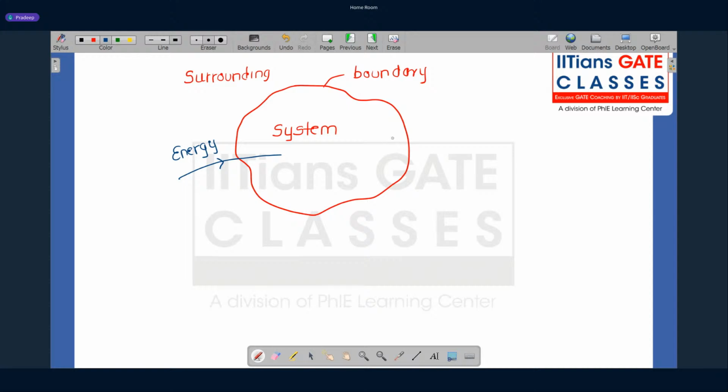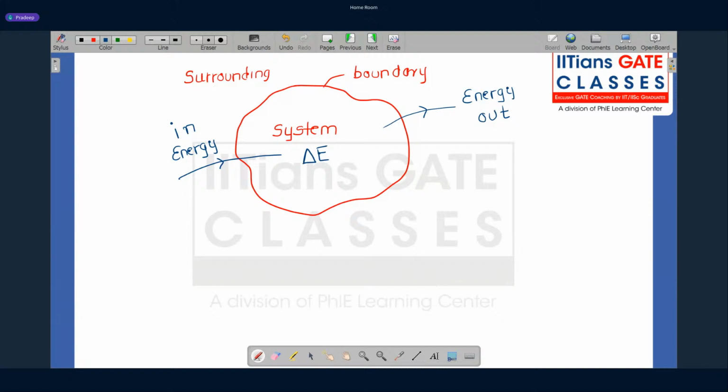So let us say this is the total energy coming inside the system. This is the total energy going outside the system. And this is the total change in the energy of the system. So how do you relate? What is the basic principle?